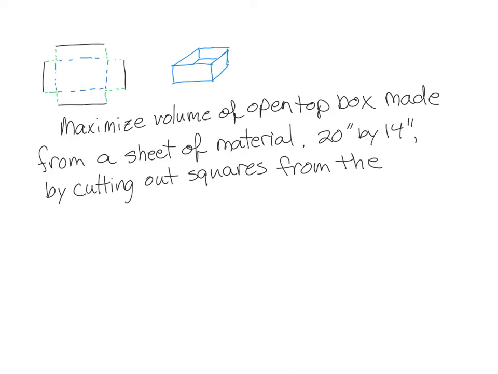You'll see this problem in your homework, and they write it much better than I do. But my picture is excellent. What size squares should be cut out to maximize the volume?